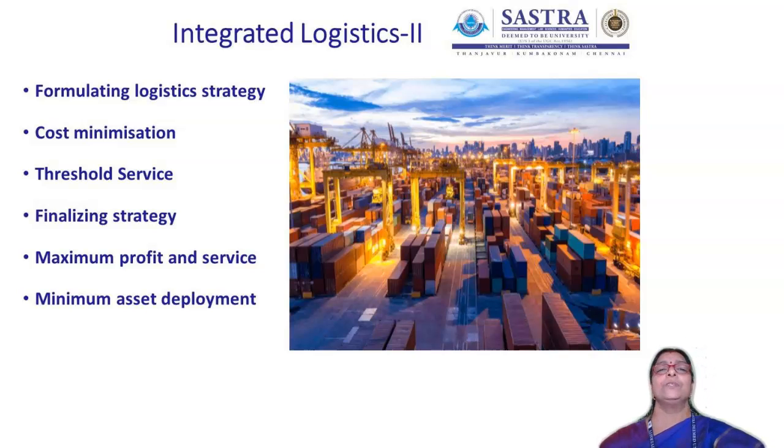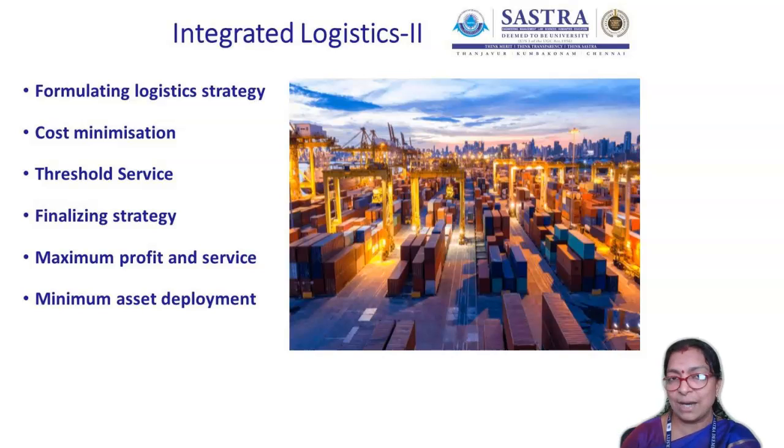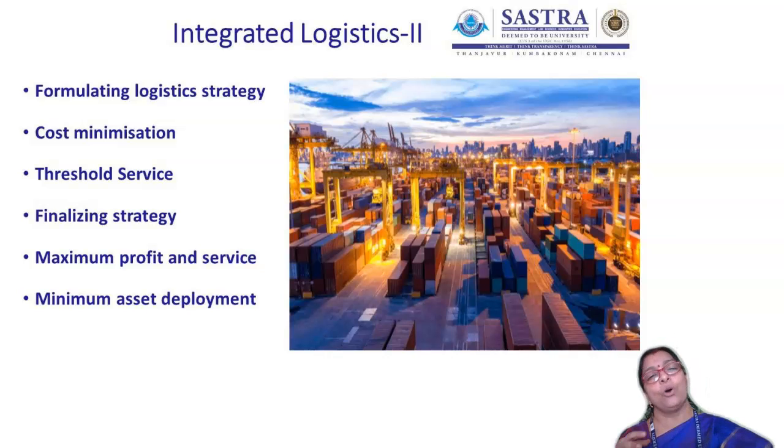So among the range of strategic options, the end objective of any logistical systems design is to select a logistics strategy that always supports the overall business strategy of the organization. This is a point I want to make very clear. Whatever the integrated logistical strategy we are thinking about will always be oriented with the overall business strategy.